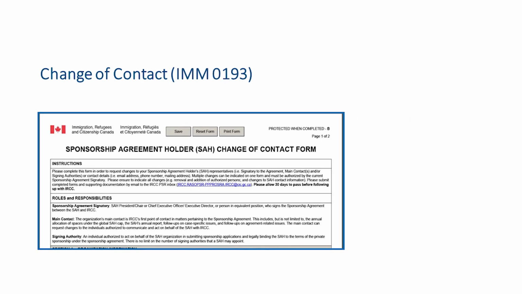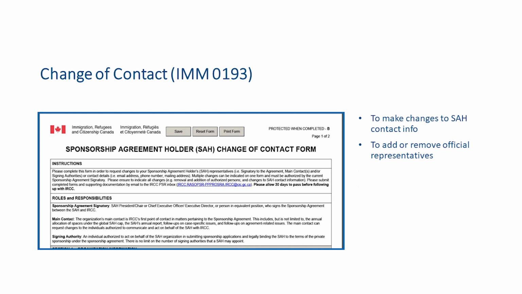So I will introduce you to the brand new change of contact form, which combines information that was previously scattered across various documents. This form serves two main purposes. If you need to make changes to the contact information on file for your SA with IRCC, this is the form that you will be using. The other purpose of this form is you will use it when your SA needs to add or remove an official representative.